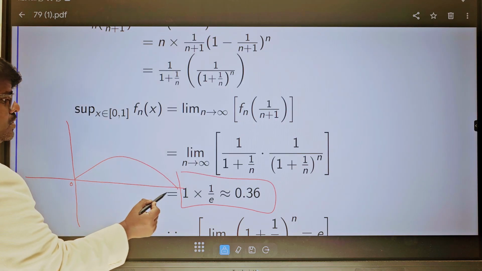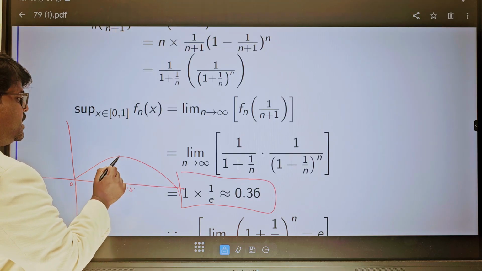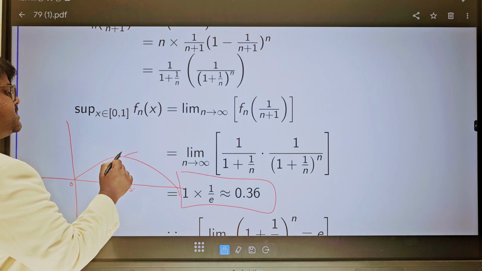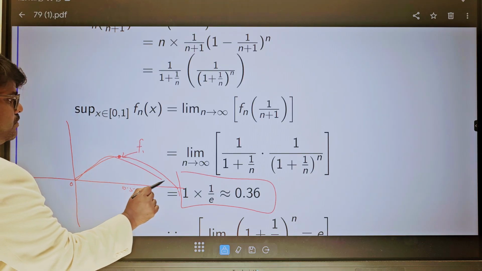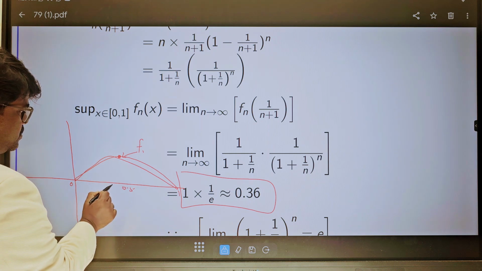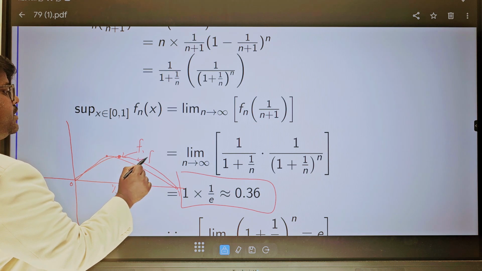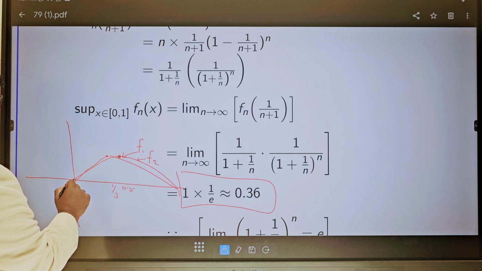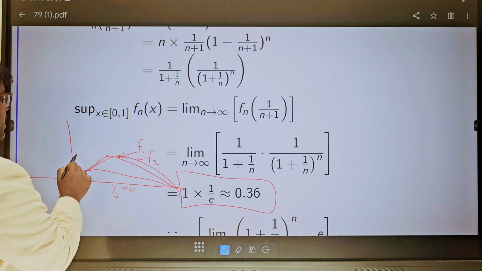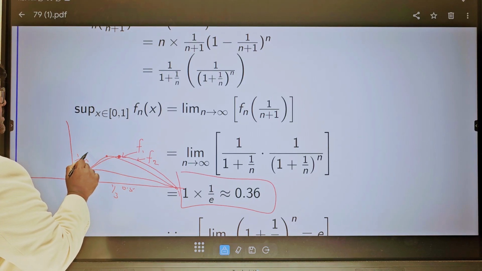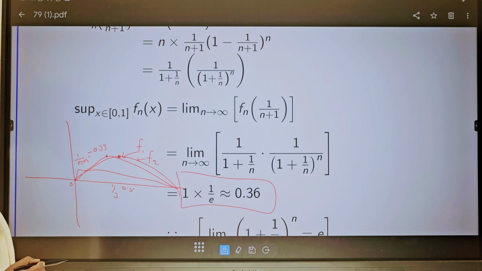This is 0, this is 1, this is 0.5, this is the first stationary point. Call this f1. This is 1 by 3, this is the f2 stationary point, and this is 1 divided by n plus 1, that is equal to 0.33.